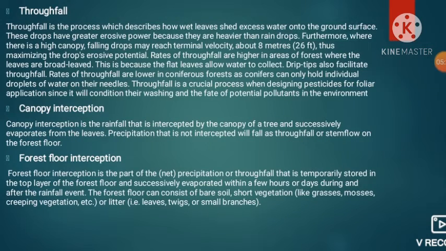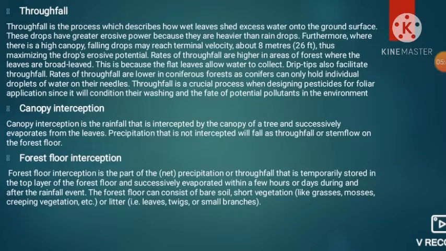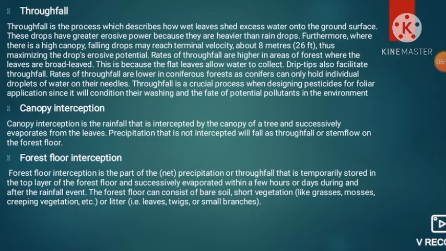True fall. True fall is the process which describes how wet leaves shed excess water onto the ground surface. These drops have greater erosive power because they are heavier than raindrops. Furthermore, where there is a high canopy, falling drops may reach terminal velocity at about 8 meters or 26 feet, thus maximizing the drop's erosive potential.